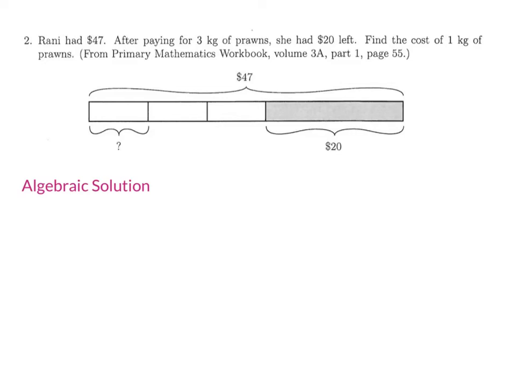We will start by letting x equal the cost of 1 kilogram of prawns.